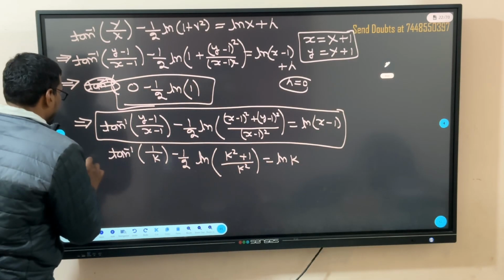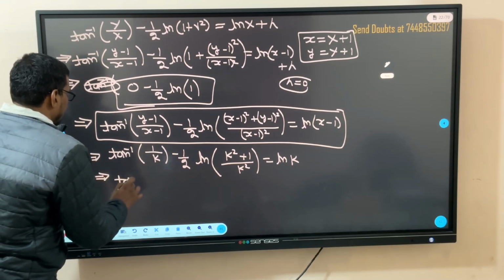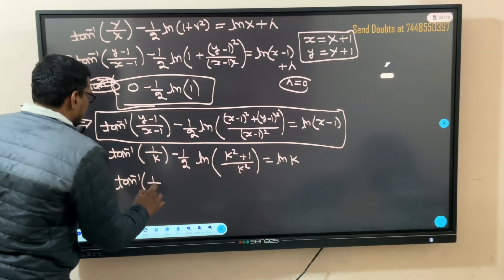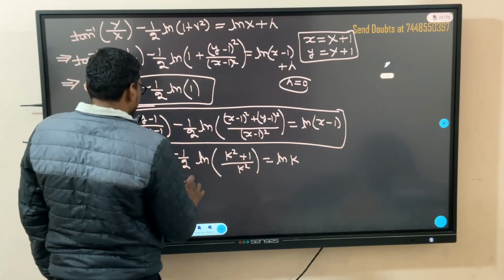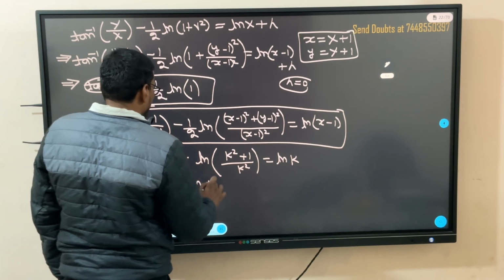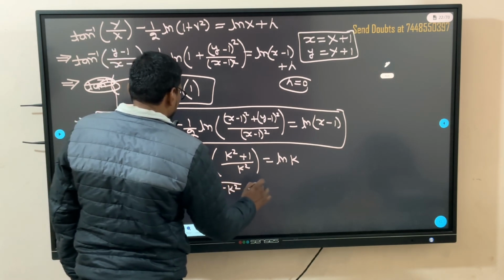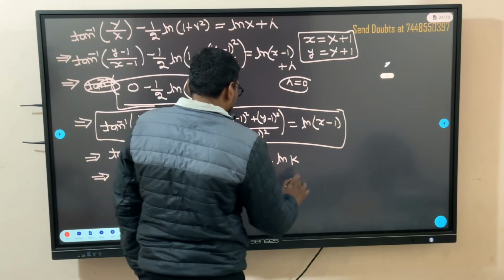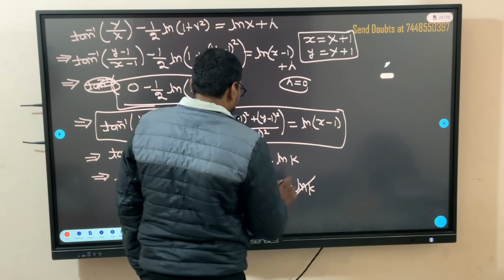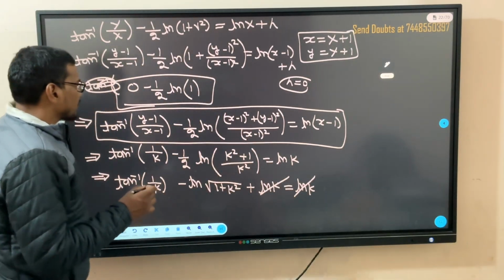Yes. See next. Tan inverse of 1 by k minus ln of root over 1 plus k square plus ln k equal to ln k. Ln k gets cancelled. See how it is getting cancelled?